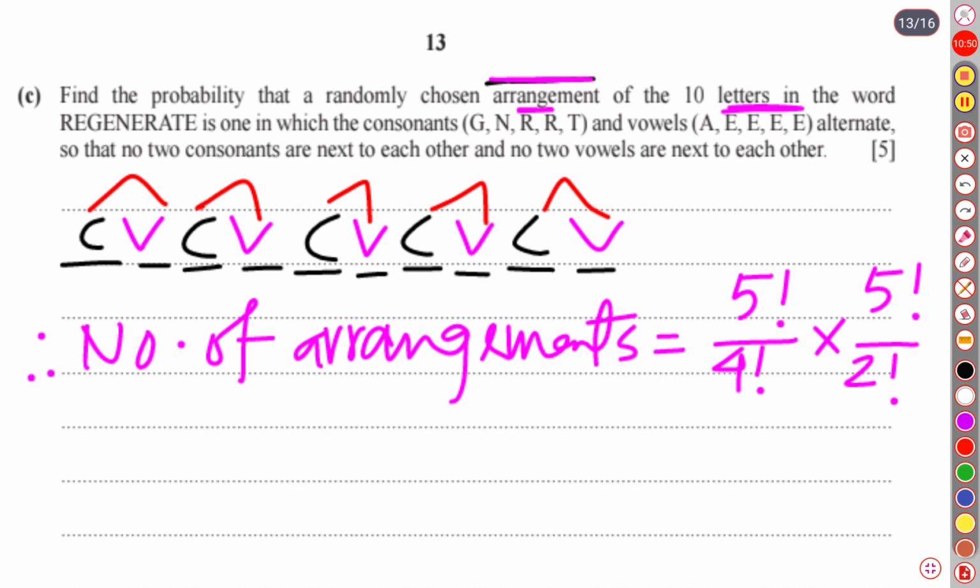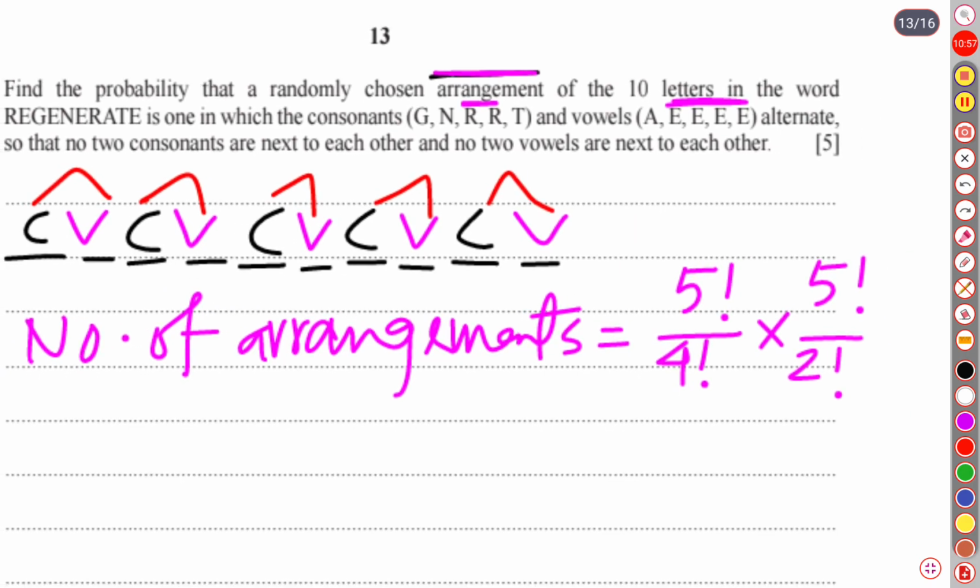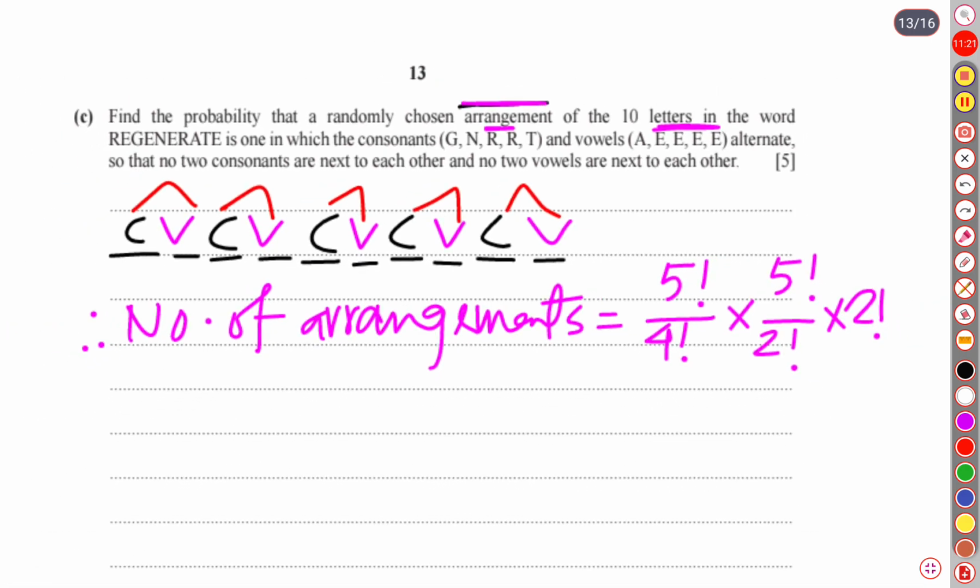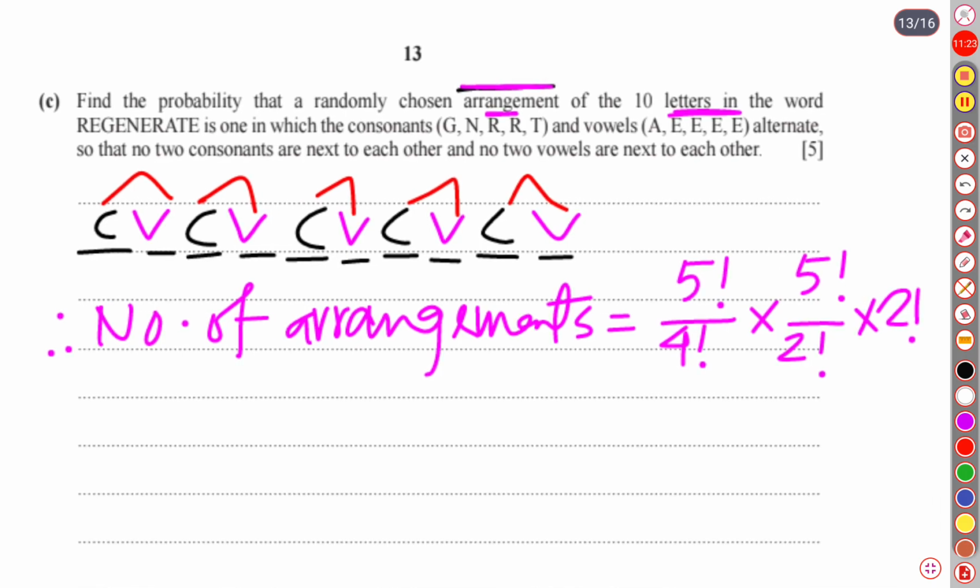So we will have to multiply by 2, because there are two such cases. Into 2 or 2 factorial, whatever you tell, 2 and 2 factorial are the same. That is right, 2 factorial ways. That means each of the vowels can replace each of the consonants.